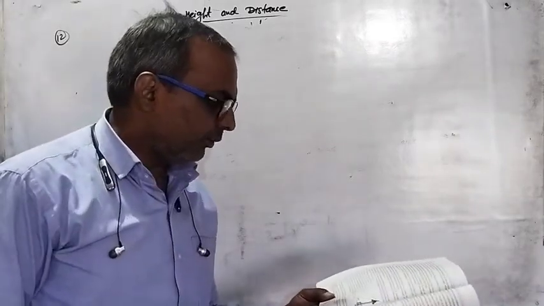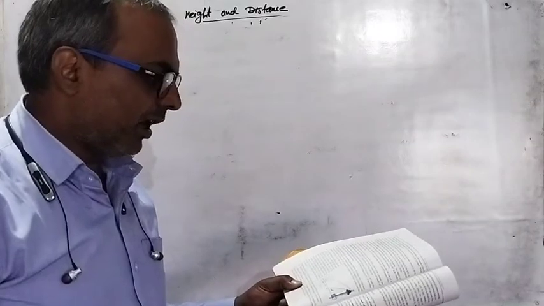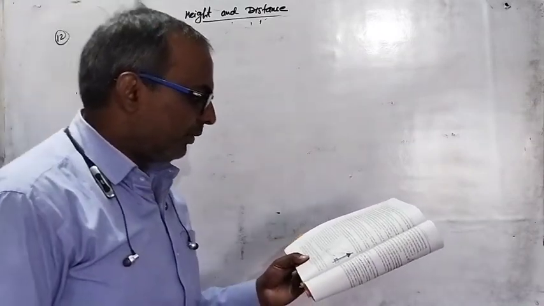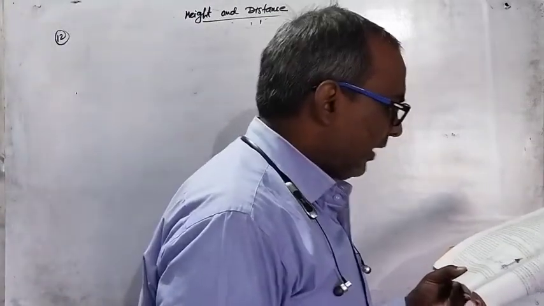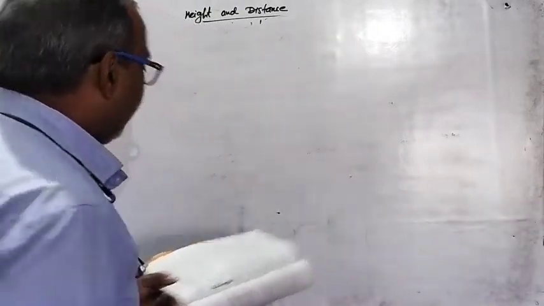The question is from the top of a 7-meter high building, the angle of elevation of the top of a cable tower is 60 degree.